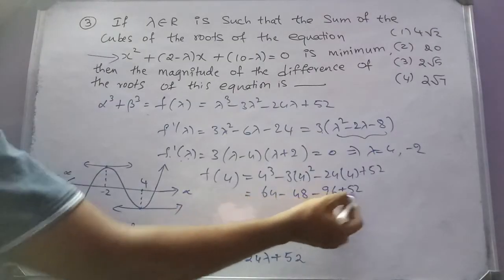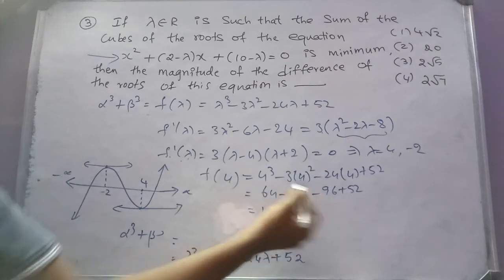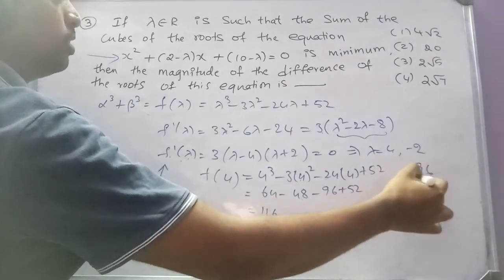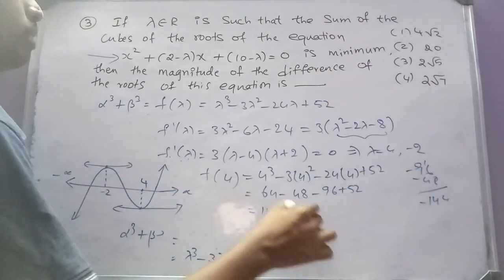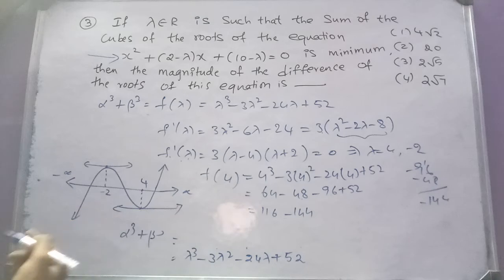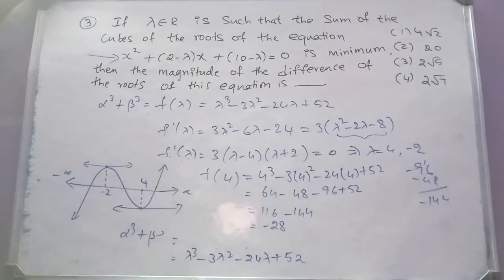So 64 plus 52, how much do you get? 116, right? And then minus 48 minus 96, you'll get minus 144. 116 minus 144. Certainly it is a negative number, and how much is it? Minus 28. So f of 4 is equal to minus 28.